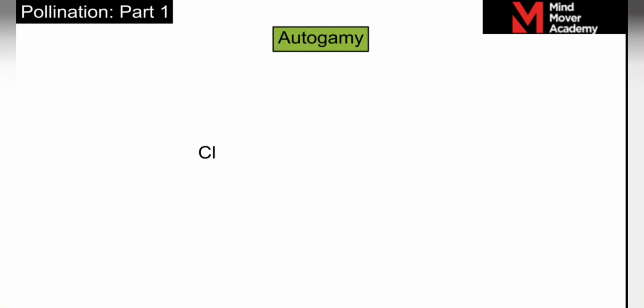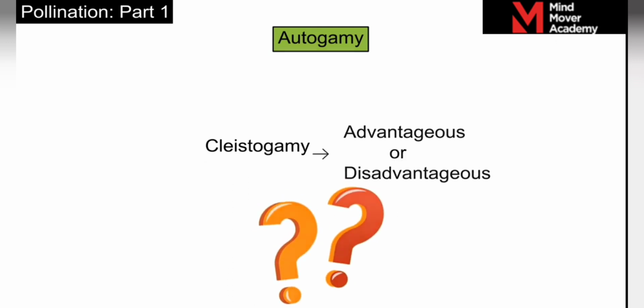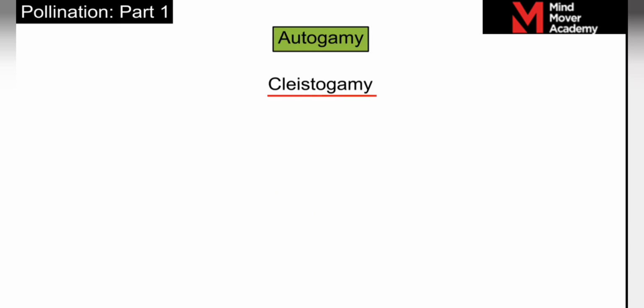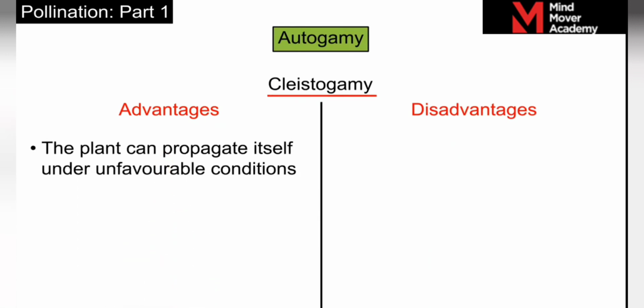Here, I have a question for you all. Do you think that cleistogamy is advantageous or disadvantageous to the plant? Well, cleistogamy has a share of both advantages and disadvantages. The advantage of cleistogamy is that the plant can propagate itself under unfavorable conditions.